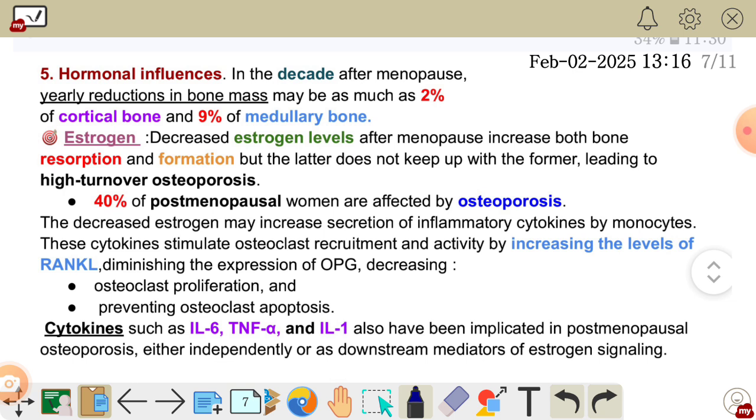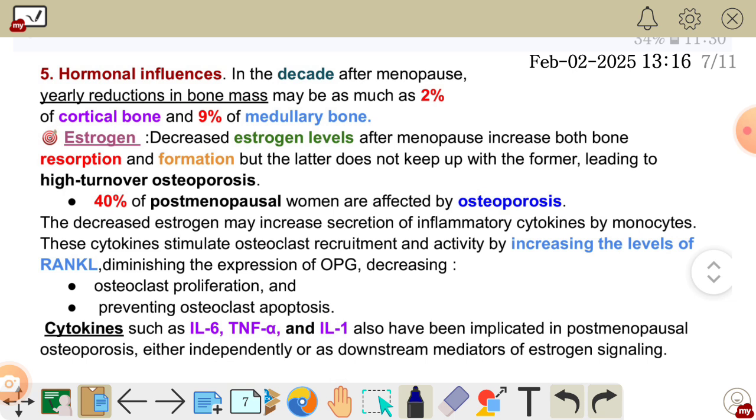40% of postmenopausal women are affected by osteoporosis. This is because, as I've already said, estrogen deficiency increases secretion of inflammatory cytokines. These cytokines, which are secreted by monocytes, stimulate osteoclasts. These osteoclasts are the ones which break down, or resorb, the bone.